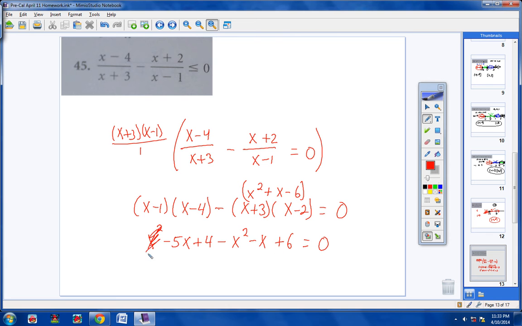And now notice your x squared cancels with your x squared. You have a negative 5x and a negative x, that's negative 6x, and 4 plus 6 would be 10. Bring your 10 over and make it a negative 10, so you're left with negative 6x equals negative 10, and then divide both sides by negative 6, and you would be left with positive 5/3, or 1 2/3.